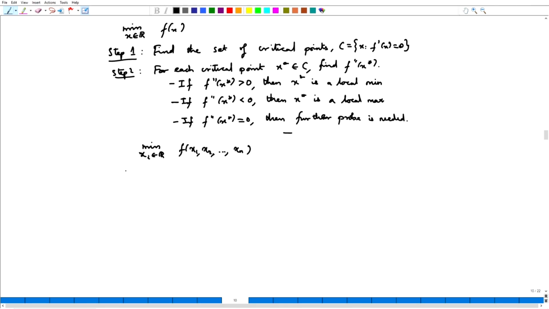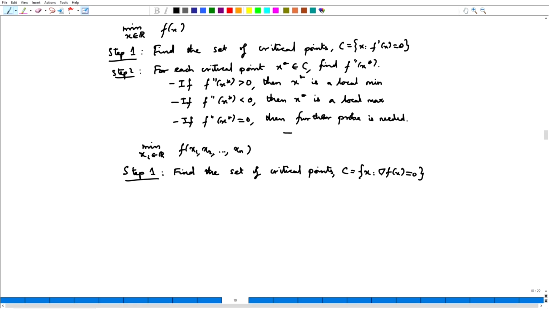So, step 1 here is again to find the set of critical points x such that the gradient of f is equal to 0.